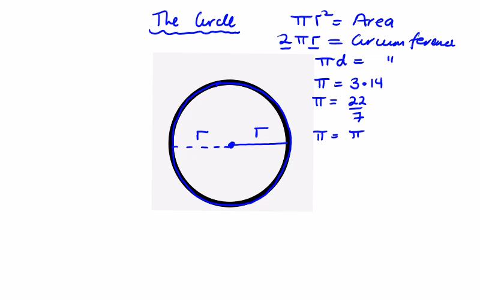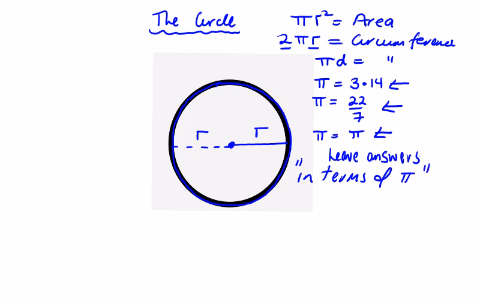And in the question, you will be told either to use this one, or sometimes this one, which they will say leave answer or write answer. This is really important. It could be answers in terms of pi. So pause the video and make sure you have these three things down about pi and the two formulas for a circle.